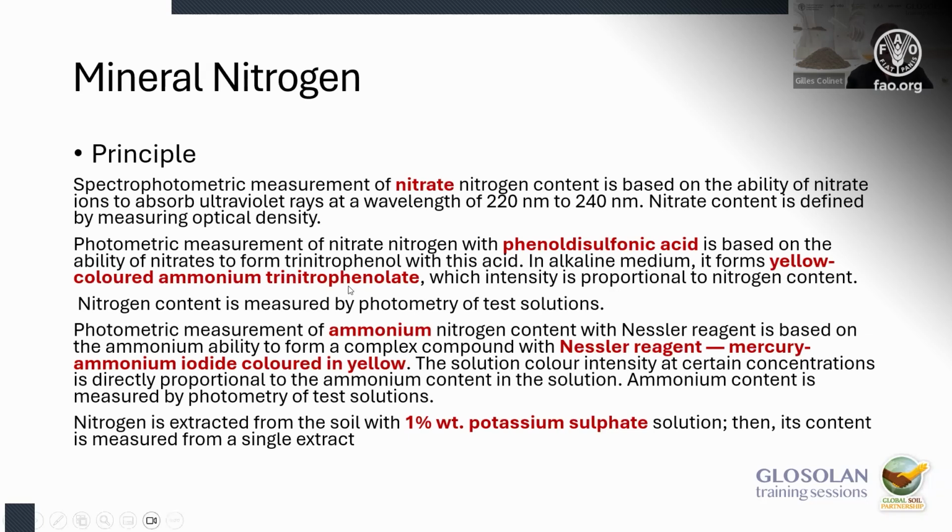It means that you have two measurement operations. You need to measure both. You cannot make one single measurement of nitrate and ammonium. And regarding the extraction, it's with 1% potassium sulfate solution.